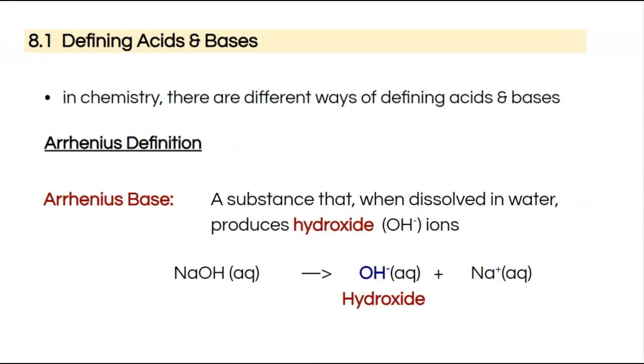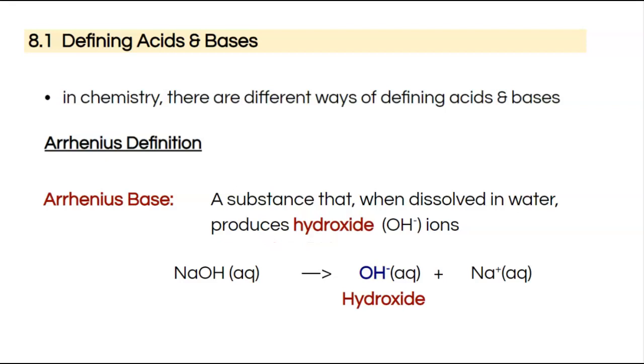So if we're talking about an Arrhenius base, people tend to think about the hydroxide ion in association with alkaline substances. And that's in line with our Arrhenius base: a substance that when dissolved in water releases or produces hydroxide ions.